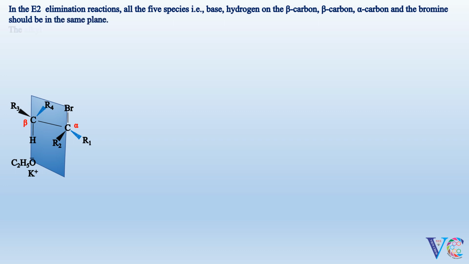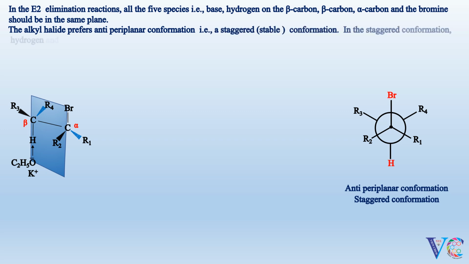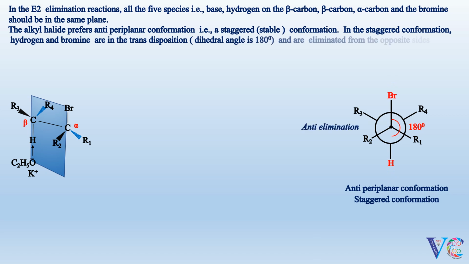The alkyl halide prefers anti-periplanar conformation, that is, a staggered, stable conformation. In the staggered conformation, hydrogen and bromine are in the trans disposition. The dihedral angle is 180 degrees, and they are eliminated from the opposite sides. This type of elimination is anti-elimination.